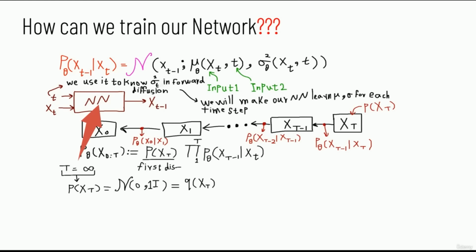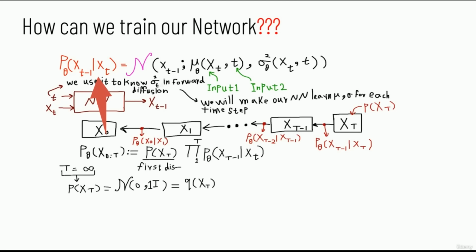We will use this mean and variance to create the predicted distribution. If the predicted mean and variance are very similar to the mean and variance of the target distribution, then this predicted distribution will be very close to the target distribution.